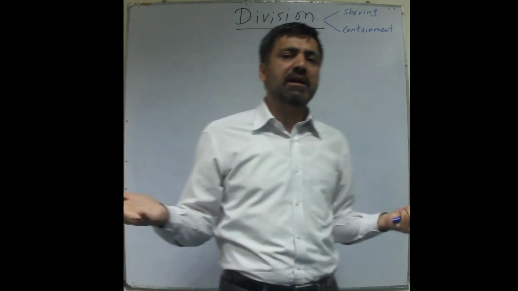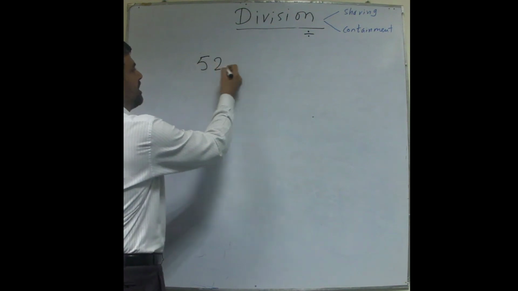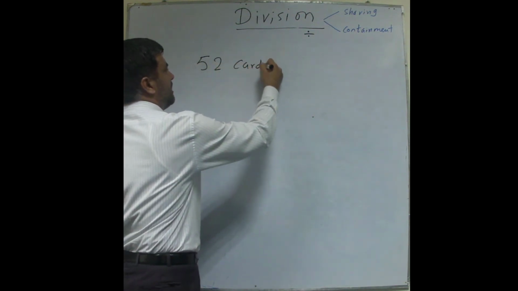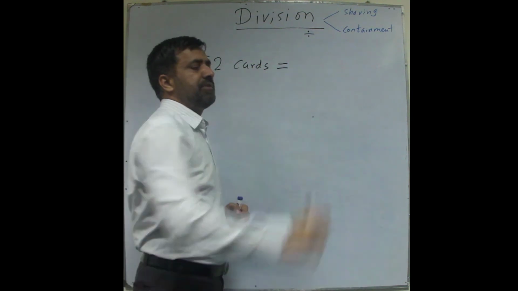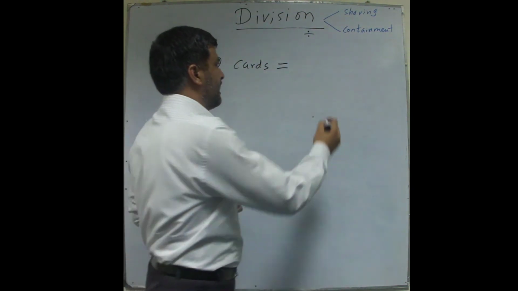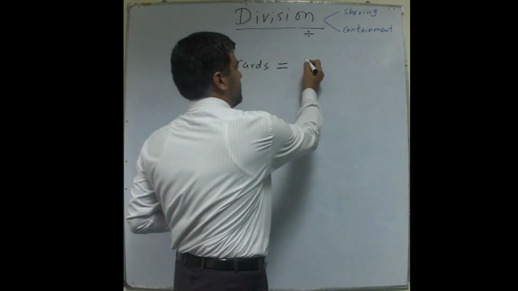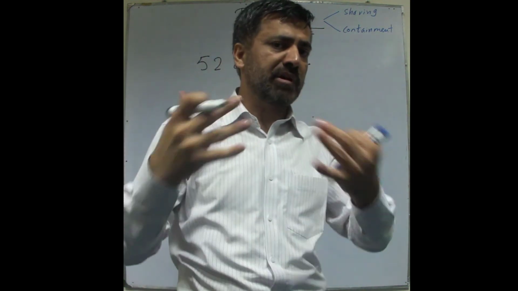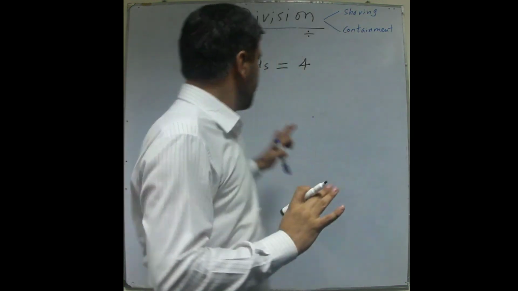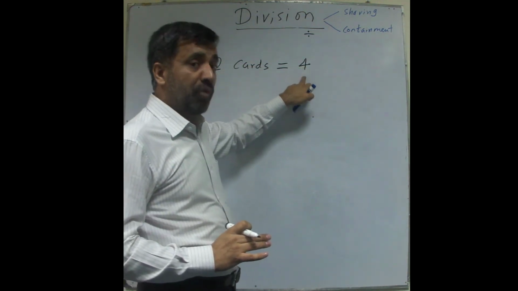Because you are playing cards, maybe this is more exciting. If I have 52 cards, imagine you have 4 players. Let's say I don't want to write players at the moment, because that will complicate the situation. So let's say I want to divide these 52 cards into 4 groups.